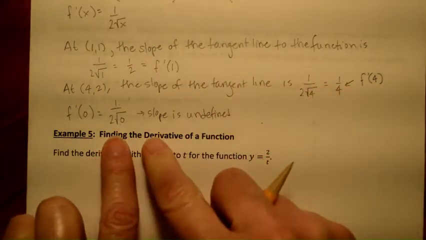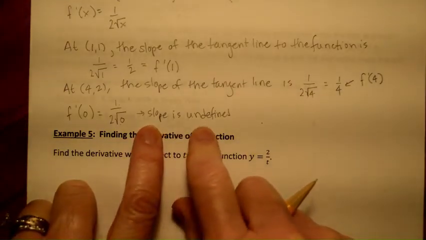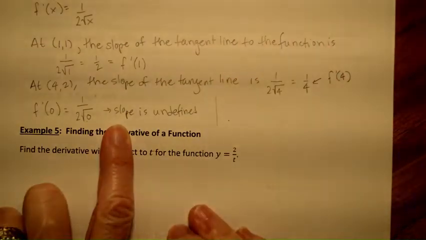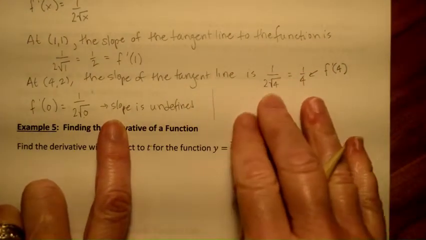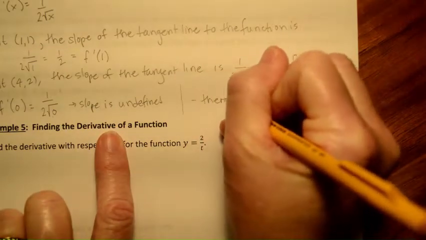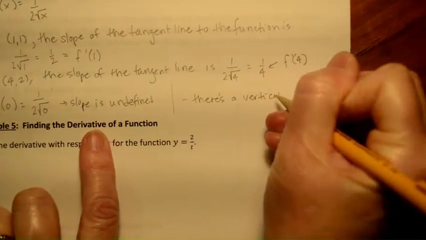And what we would say is, think about that. When we're talking about a regular line whose slope is undefined, remember that means that it's a vertical line, all right? And so what that would mean is that there's a vertical tangent line.